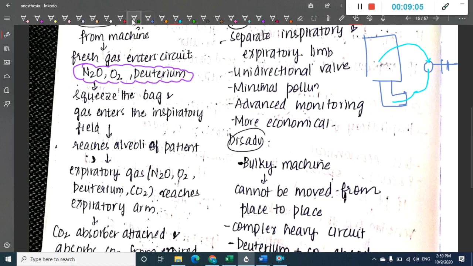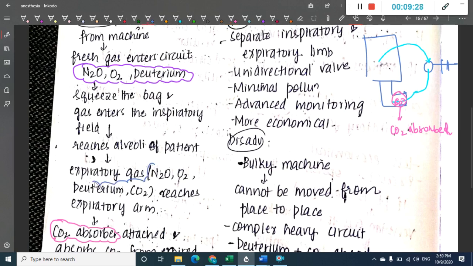Okay, in the expiratory arm there is something called a carbon dioxide absorber. What does this carbon dioxide absorber do? It will absorb the carbon dioxide from the expiratory gases, because what does the expiratory gas contain?